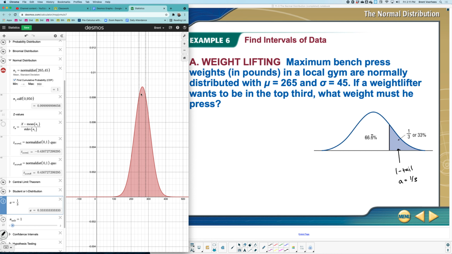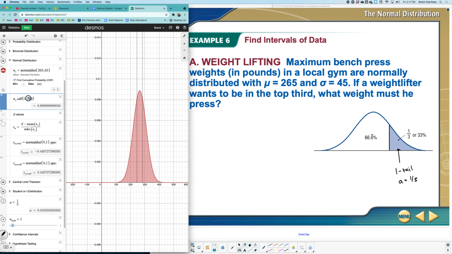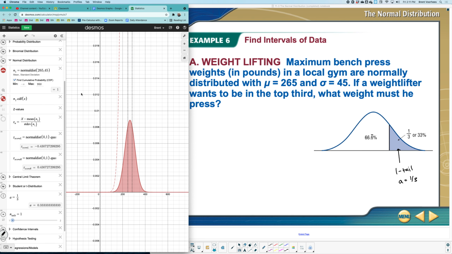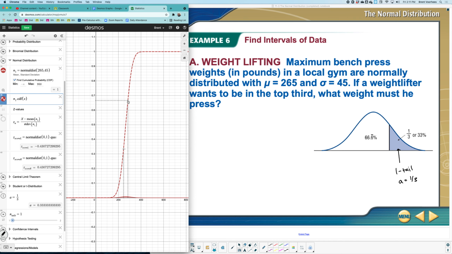Here are the z-score values, and I'm going to put this as an x, so it gives me my graph again. I need to adjust this so I can see as high as 1, because the cumulative function only goes up to 1. So you can see this would be the value right there. The value indicating the weight is 284 pounds.